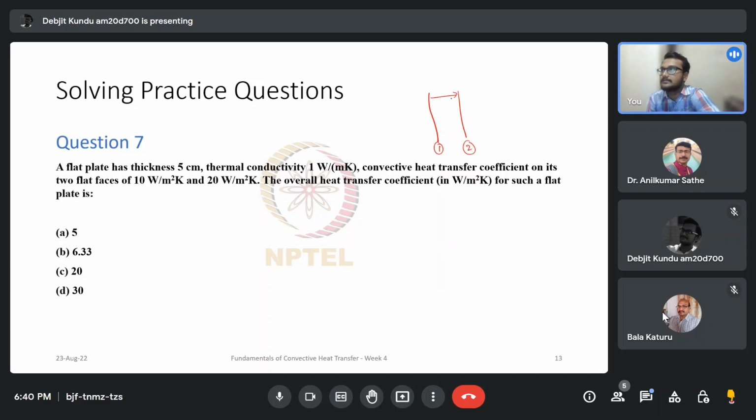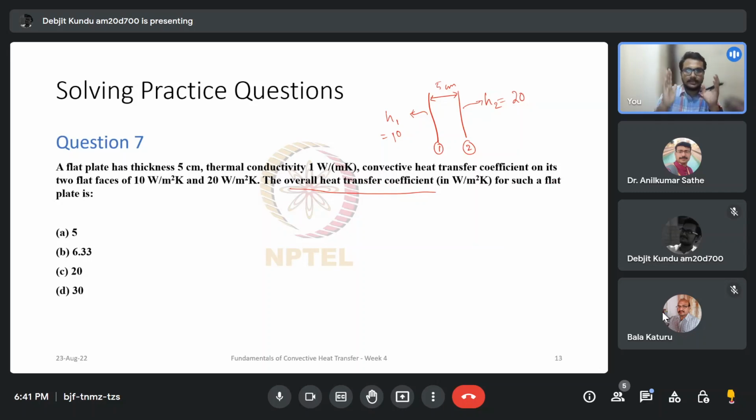It has a thickness of 5 centimeters. On wall 1 there is H1, equal to 10, and the second wall has an H2 of 20. So the question is, what is the overall heat transfer coefficient in watt per meter square Kelvin for such a flat plate?